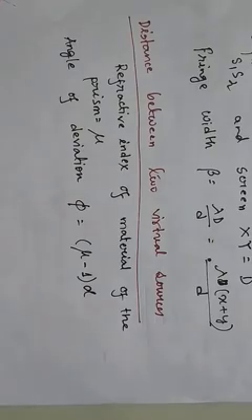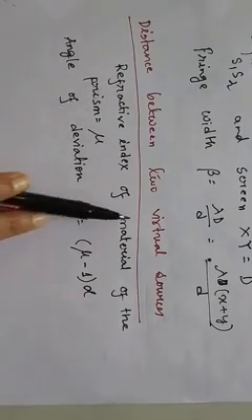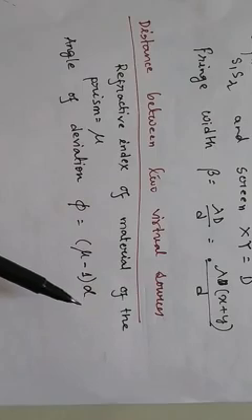So the angle of deviation phi equals mu minus 1 into alpha, where mu is the refractive index of the material of the prism and alpha is the refracting angle of the prism.